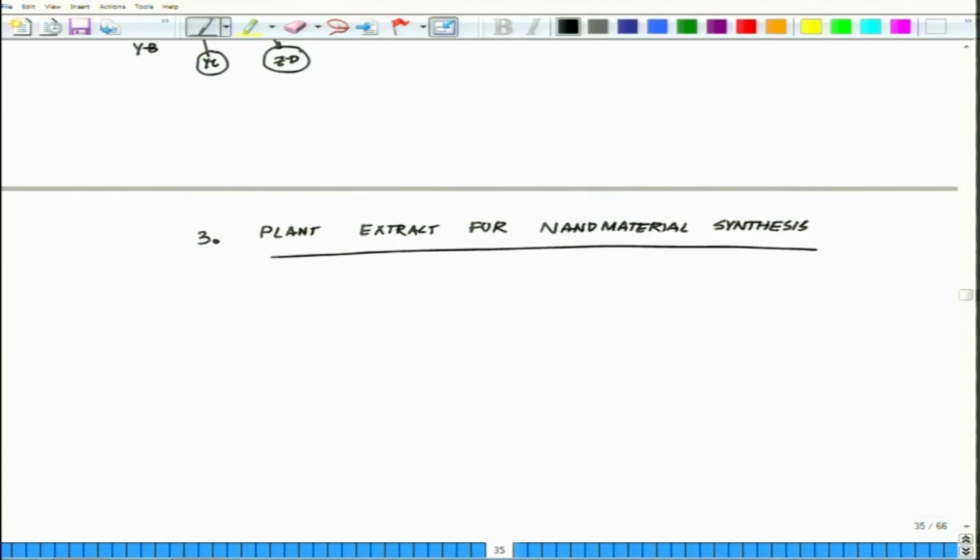One of the very common logics being followed in this kind of plant extract based nanomaterial synthesis is that you are utilizing the specific enzyme needed for forming some specific bond, which otherwise in an inorganic setup could consume a significant amount of energy and power.